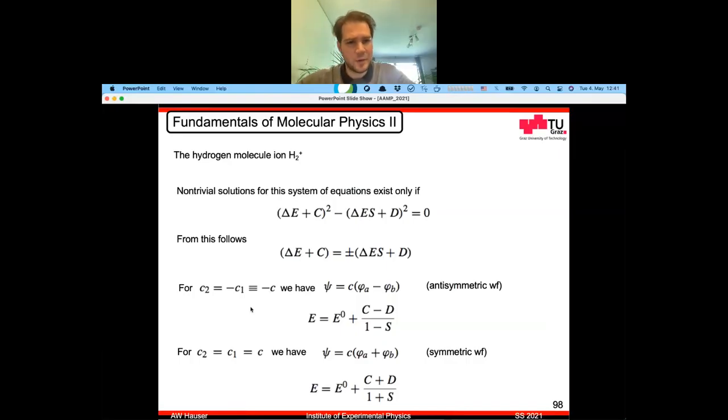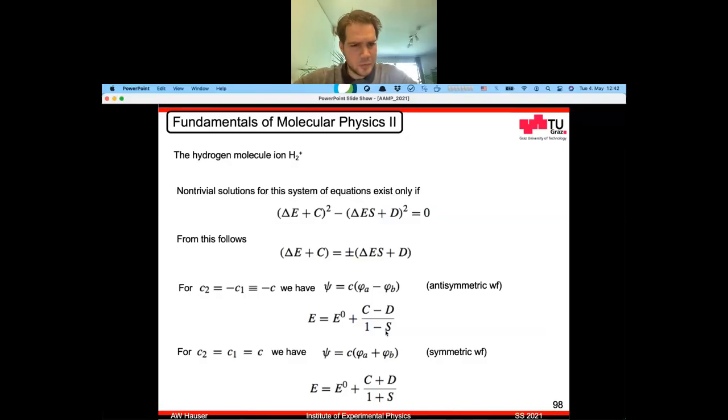And we see that for the case of choosing C1 equal to minus C2, we have a total wave function for our single electron in the field of the two nuclei given as C times phi A minus phi B, and the corresponding energy in this case is the energy of the atom, so the energy of the electron in the field of a single atom, plus, and then comes this term C minus D over 1 minus S.